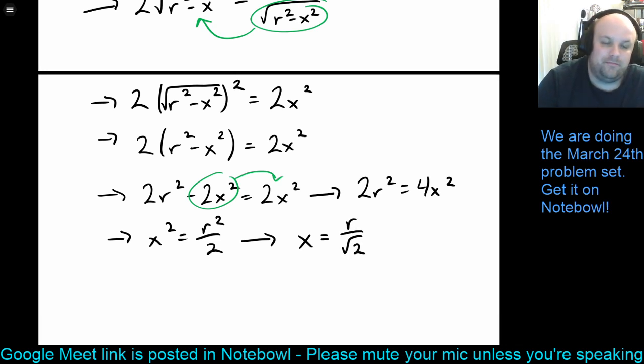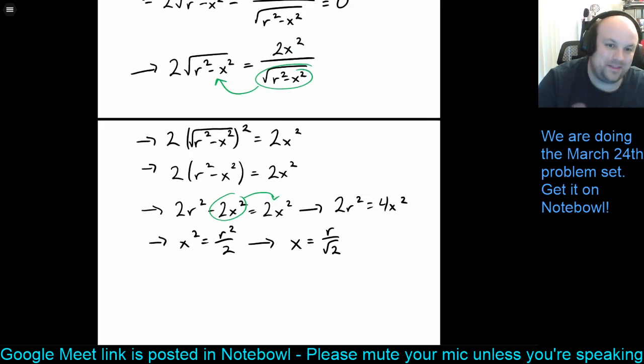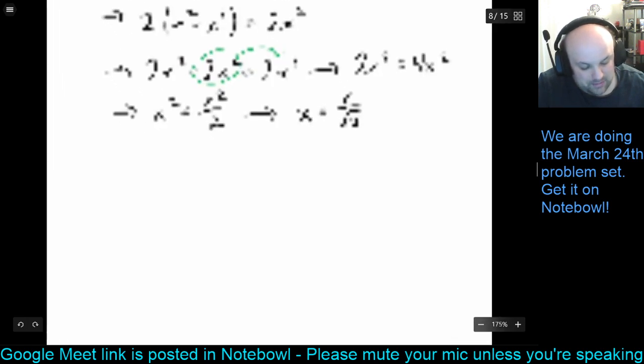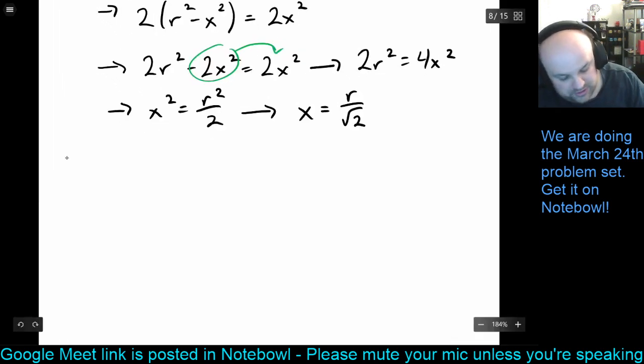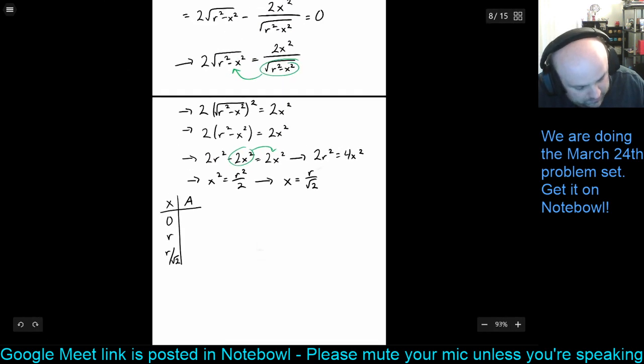All right. Okay, so we've gone through a lot here so far. Now we want to do our critical number test here. So we put in our endpoints and our critical number, and we're going to plug these into the area.